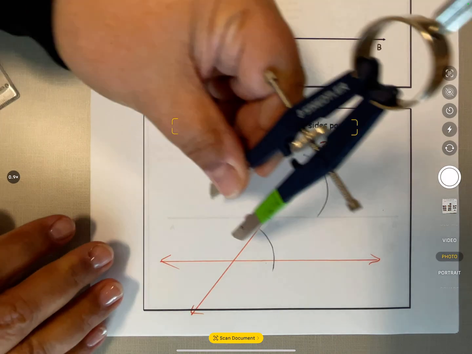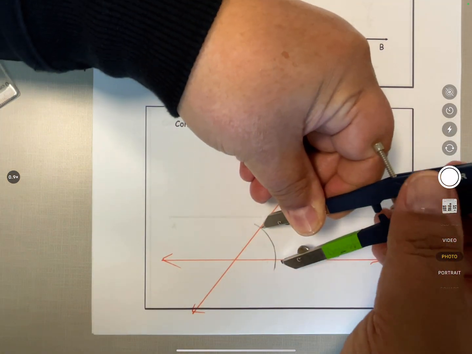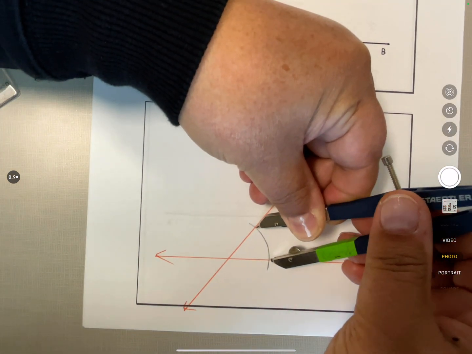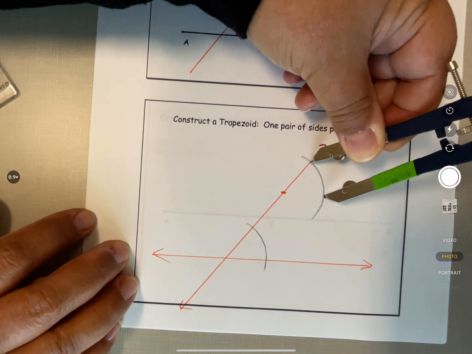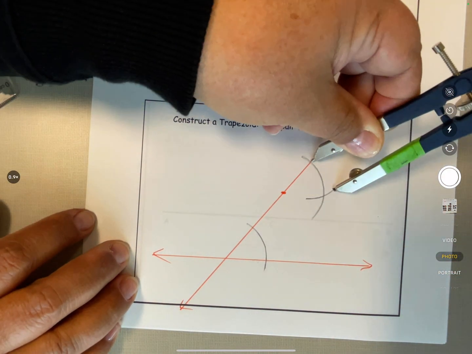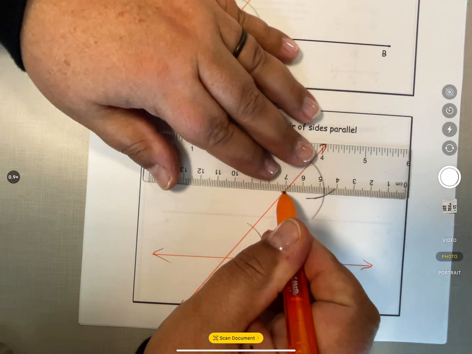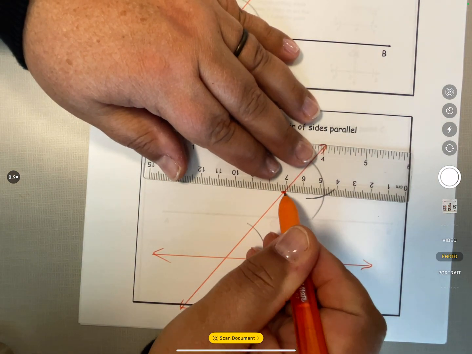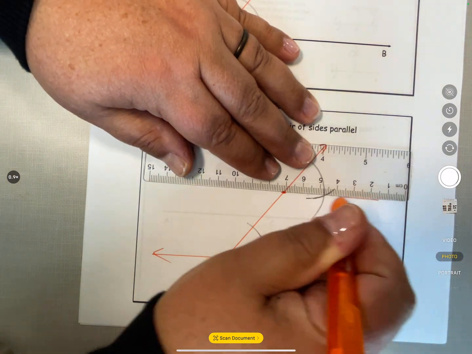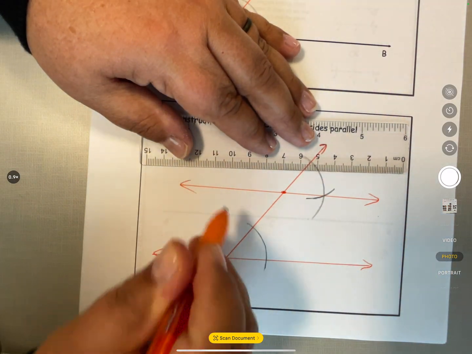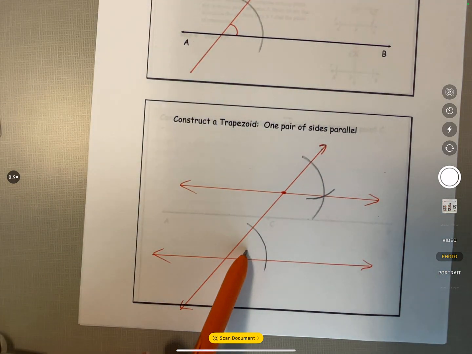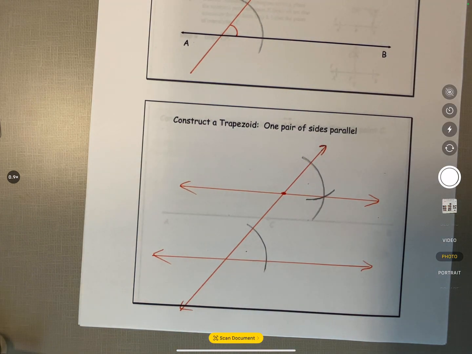I'm going to measure the opening here at this given arc. And I'm going to go up here, cross over. Where it crosses is my second point. And I get my parallel line. Because converse of corresponding angles theorem.